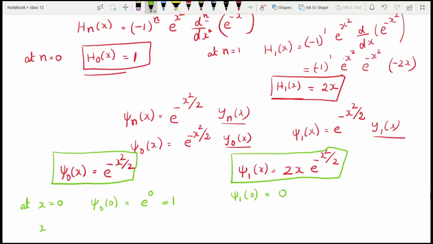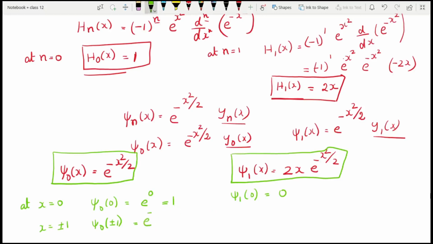At x is equal to plus or minus 1, psi 0 of plus or minus 1. Whether it is plus 1 or minus 1, the x square, e power minus plus or minus 1 the whole square divided by 2, will always be positive, so we will be getting e power minus 1 by 2.